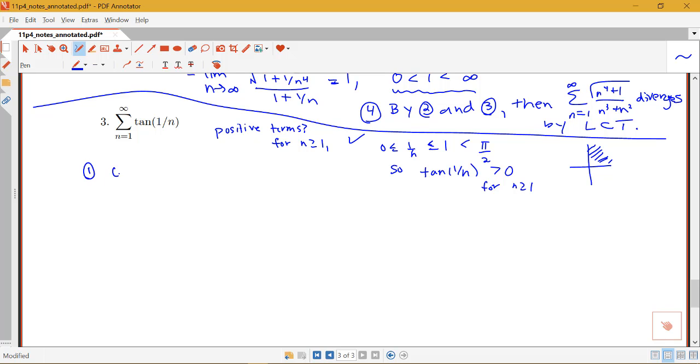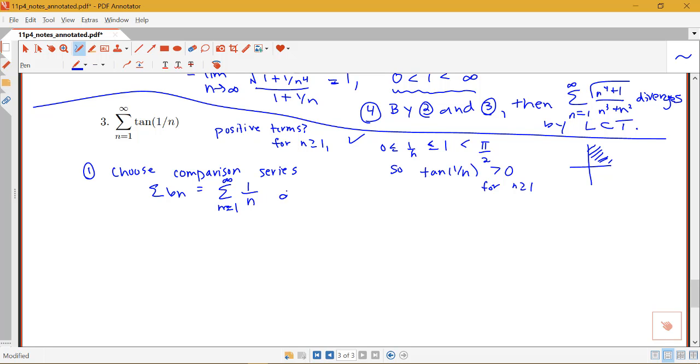So now we want to go ahead and choose the comparison series. We're going to choose b n equals 1 over n, the sum of 1 over n, so actually making the same choice that we made in the previous example.